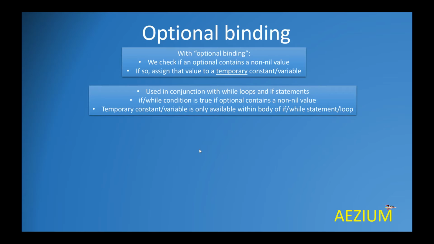The last topic of this second tutorial is optional binding. With optional binding in Swift, what we do is we first check and see whether an optional contains a non-nil value, and if that is the case, we assign that value to a temporary so-called constant or variable. Optional binding is used in conjunction with while loops and if statements.